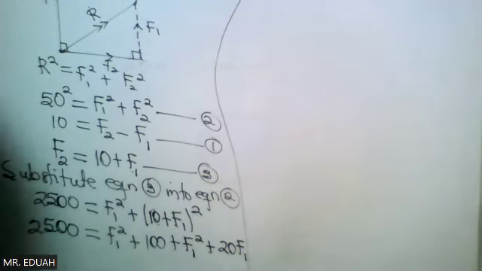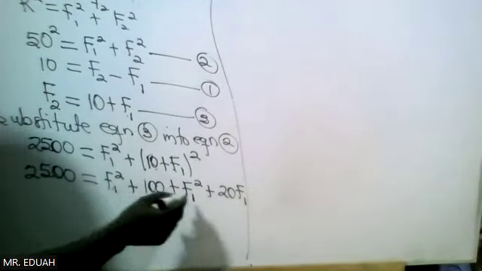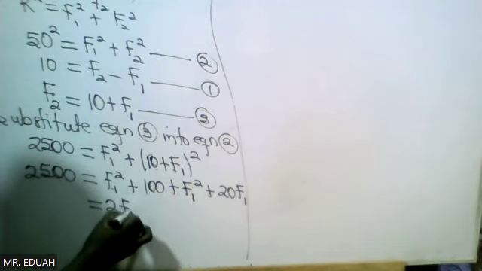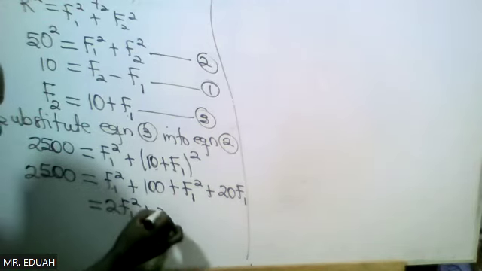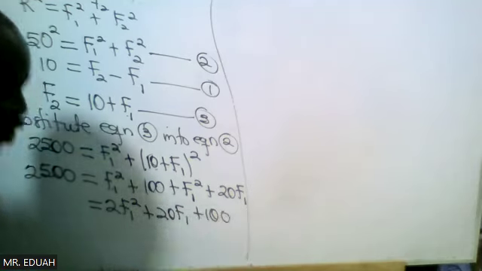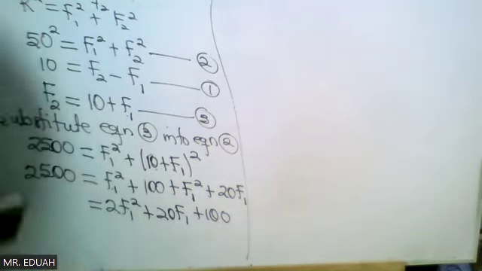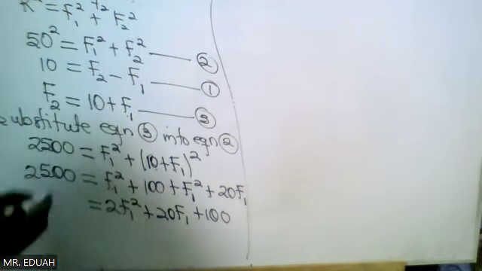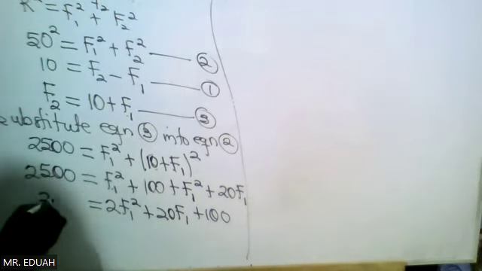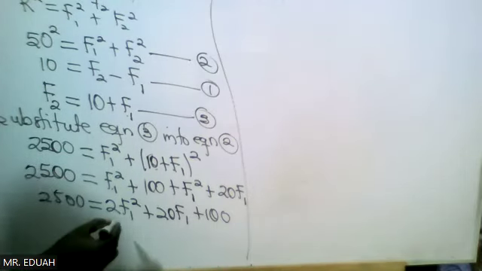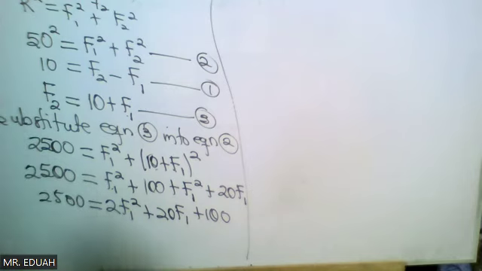So let's group like terms here. F1 squared plus another F1 squared, so we have 2F1 squared plus 20 F1 plus 100. You know, this is a quadratic equation, so equate everything to 0. We will send the 2,500 to the other side of the equation, because the highest power must always be positive.